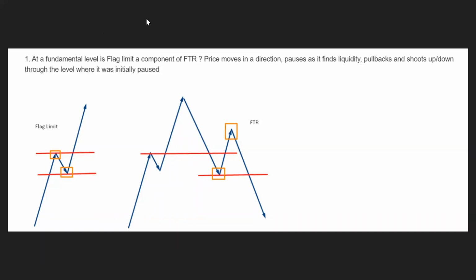So at a fundamental level, is a flag limit a component of FTR? Price moves in a direction, pauses as it finds liquidity, pulls back and shoots up or down through the level where it was initially paused. To be honest, I'm not sure I quite understand this question, but I'll try and answer it.